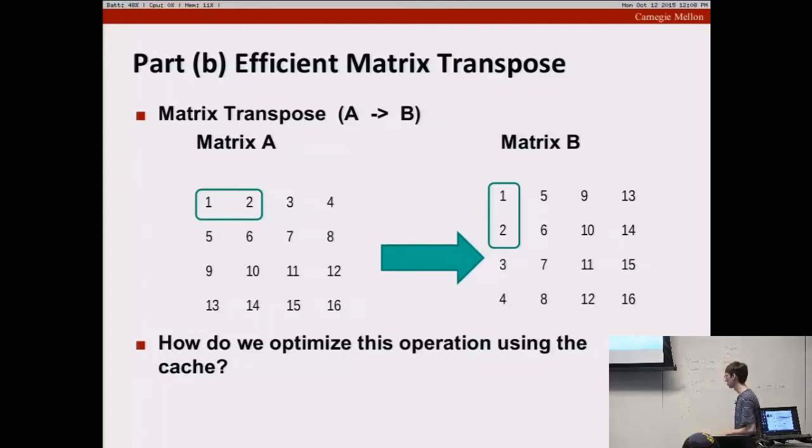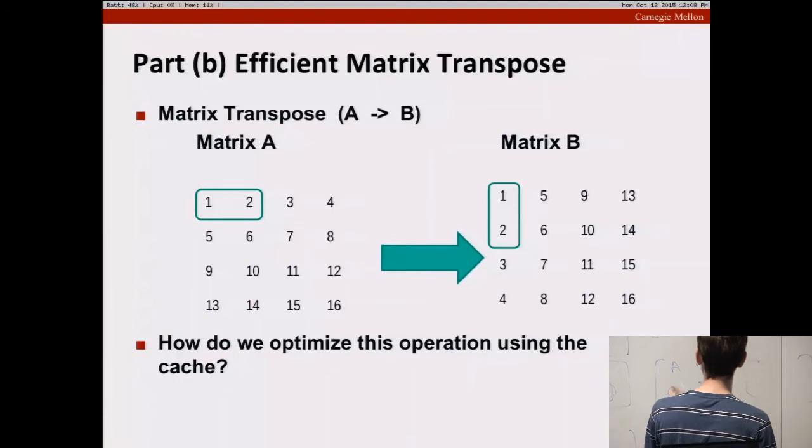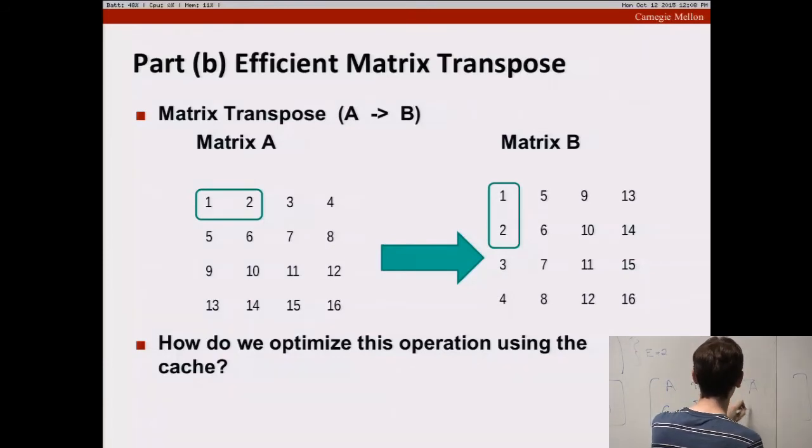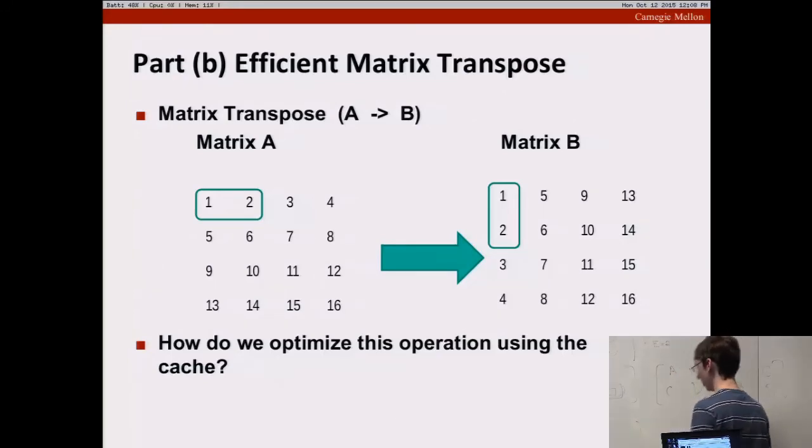Of course, matrix transpose is the very simple problem where we have a matrix with stuff in it, A, B, C, D, and we want to transpose it. So that means we want it to become A, C, B, D. Essentially, we're mirroring it over the diagonal. Rows and columns are flipping.